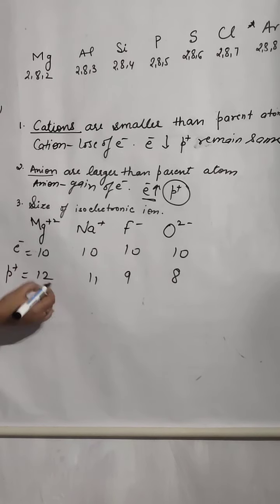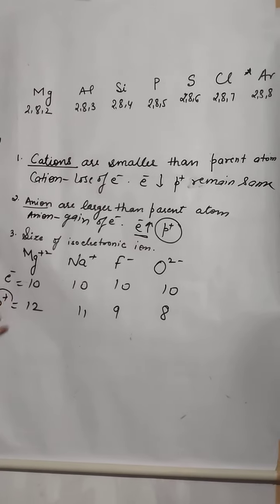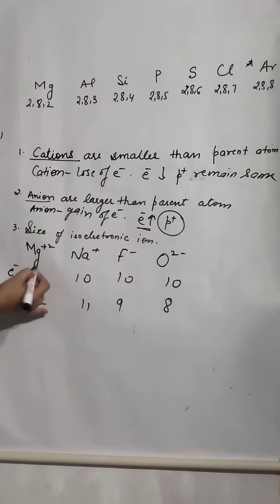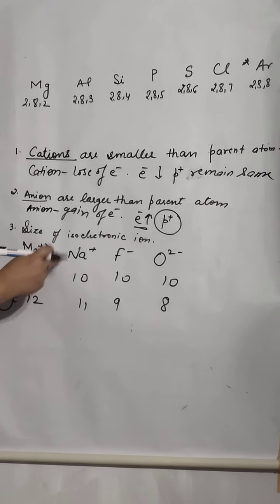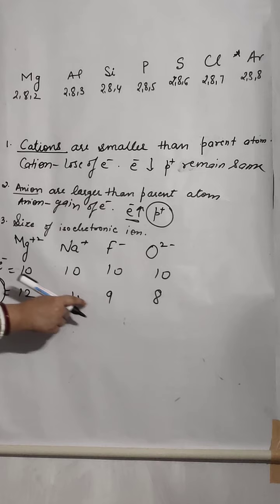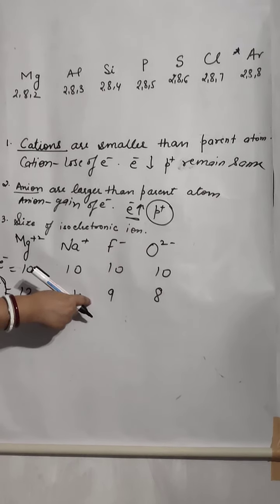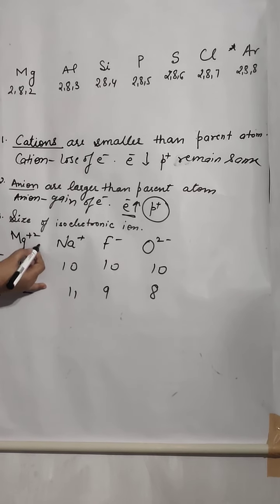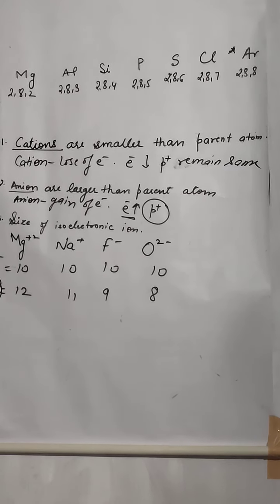So here magnesium is having 12 protons, so more nuclear charge, more force of attraction, so it will exert more attraction towards the electrons, so size will be less. Then sodium is having 11 protons and 10 electrons, so protons are more than electrons, so size will also be less, but more than magnesium because it has less nuclear charge.